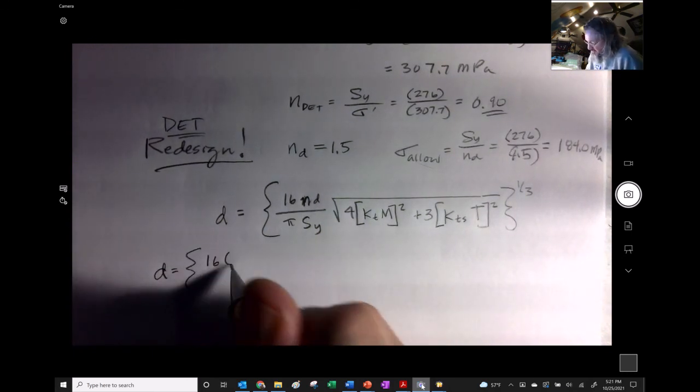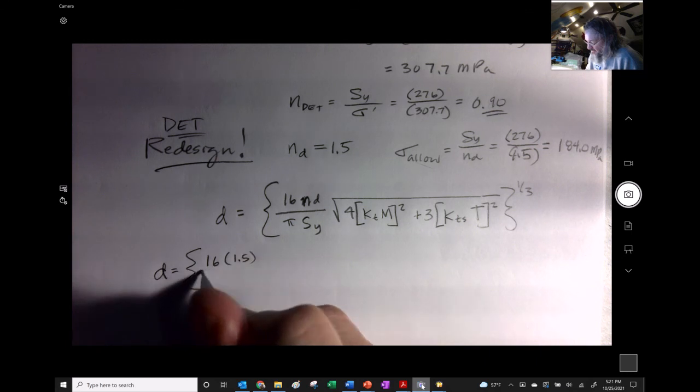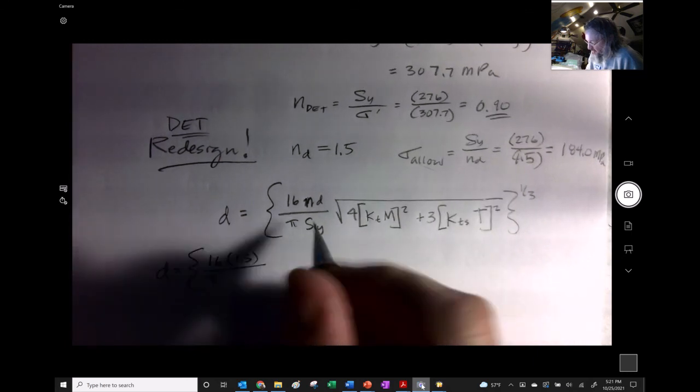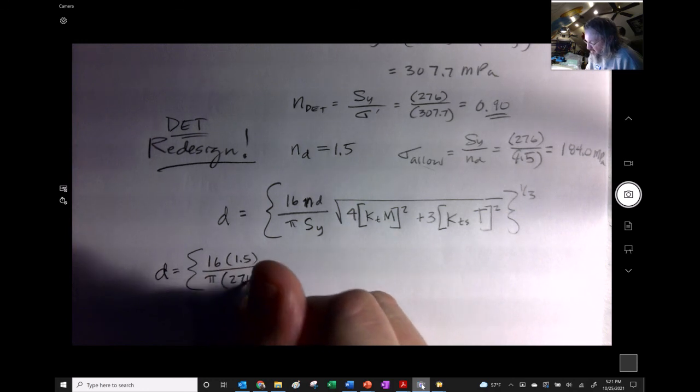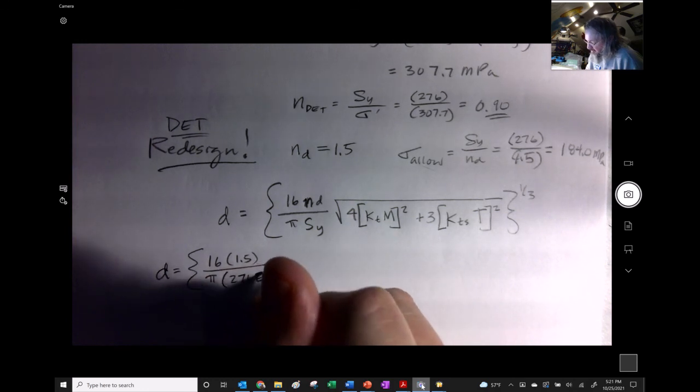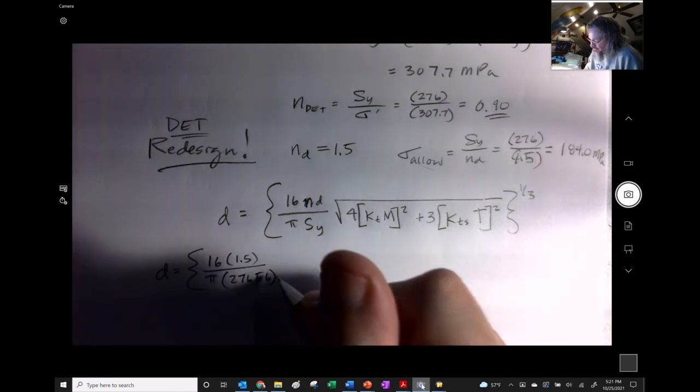We get 16, 1.5, pi. Our yield strength is 276, but it's megapascals, so E6.